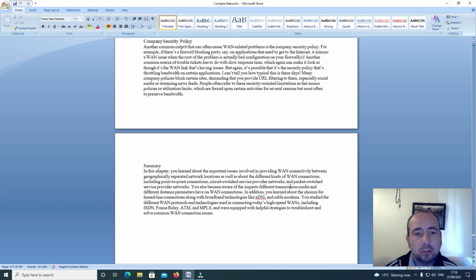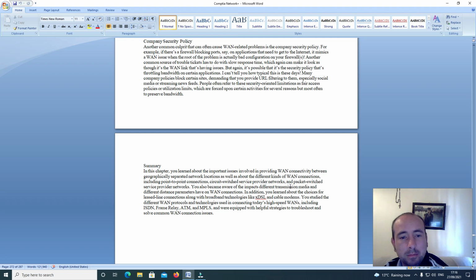Another common source of trouble tickets has to do with slow response time, which again makes it look as though it's the WAN link that's having the issues, but it's possible that it's the security policy throttling bandwidth on certain applications. I can't tell you how typical this is these days.